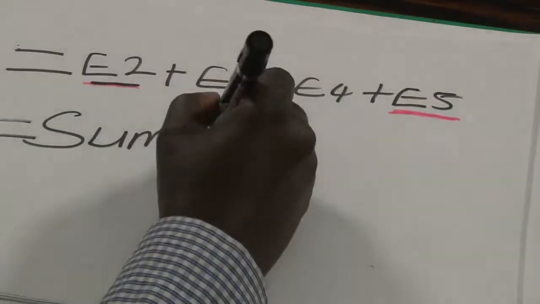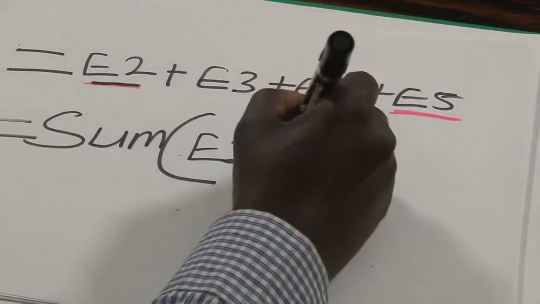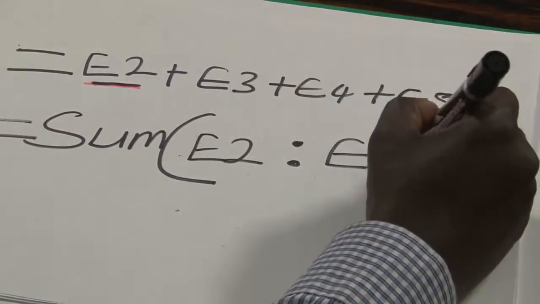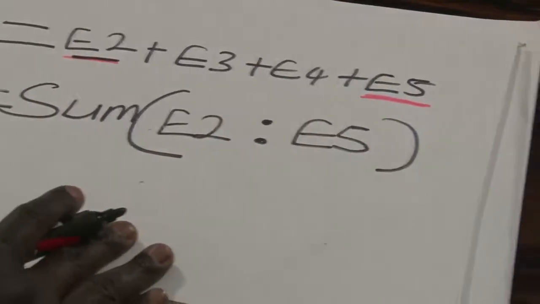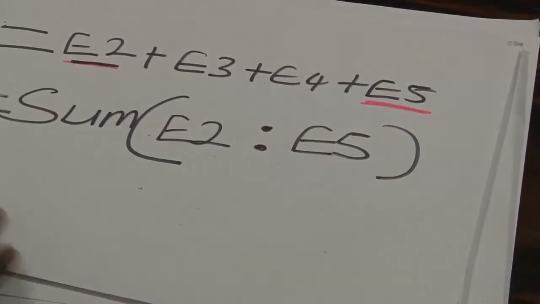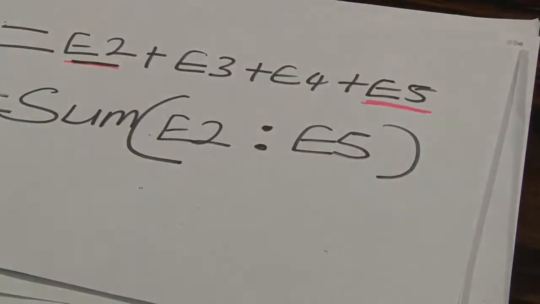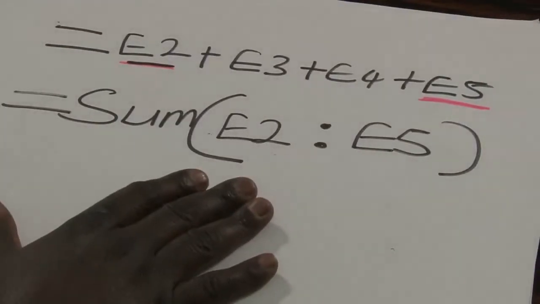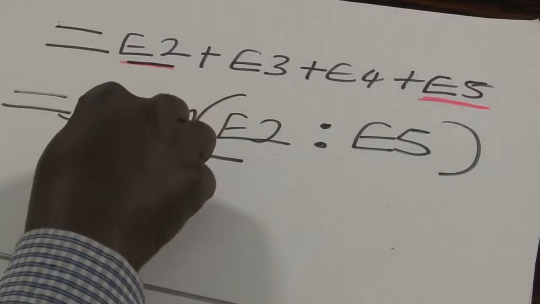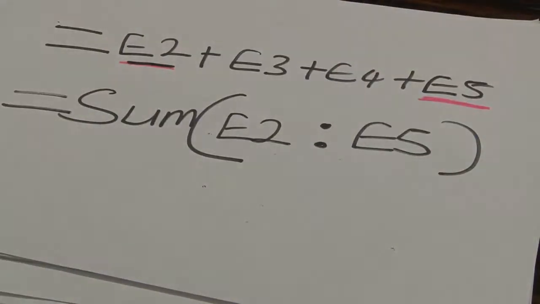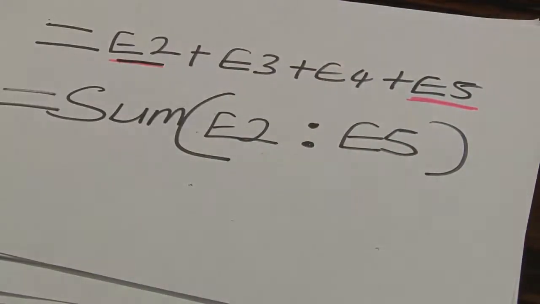So you say E2 to E5. Which one is easier for you? Is it that you take it one by one, or you use the function of sum? If you are going to use the sum function, you pick the first one and the last one. To me, the second one is preferable.